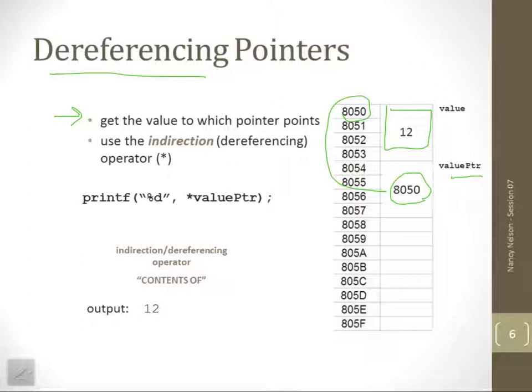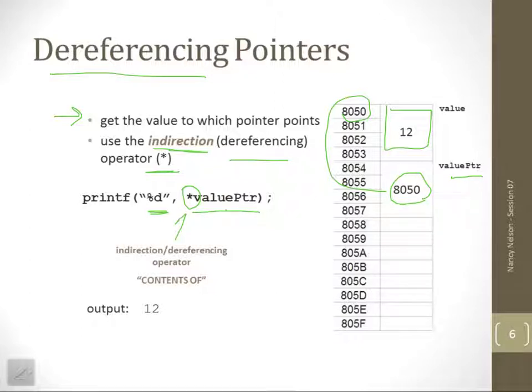And in order to do that, we're going to use that indirection operator again. But here, we sometimes call it the dereferencing operator. They're exactly the same thing, so it's the star. So with pointers, you're going to use the address of operator, and you're going to use the indirection operator, which is the star. So here, what we're doing is we're printing an integer value, and we're saying get the contents of where value pointer is pointing.